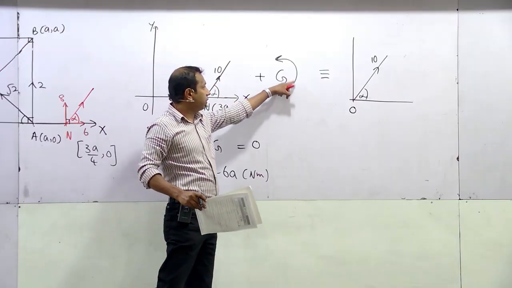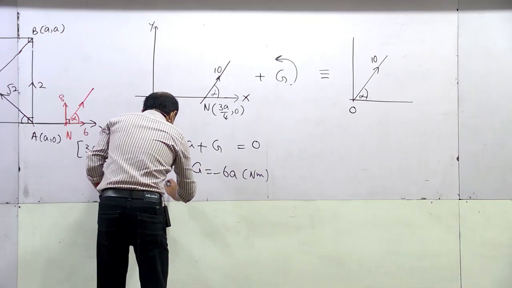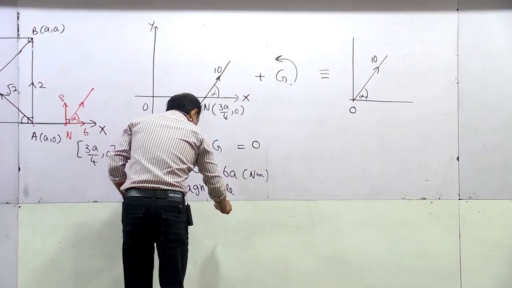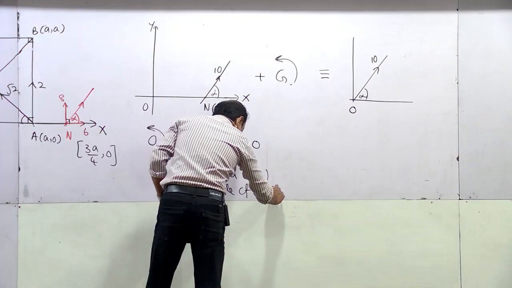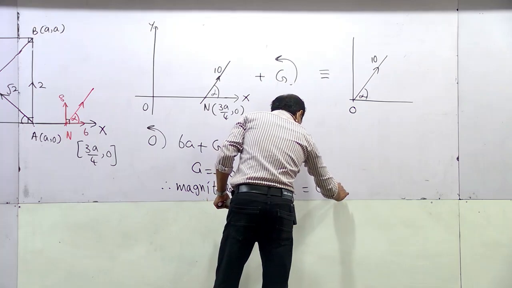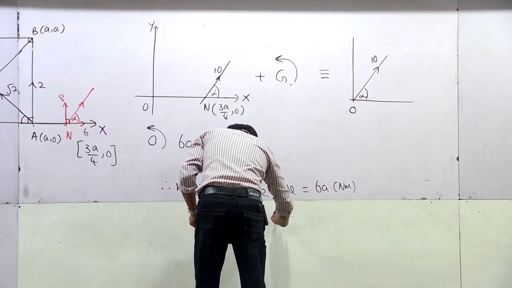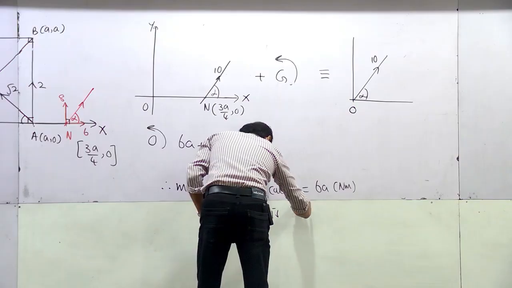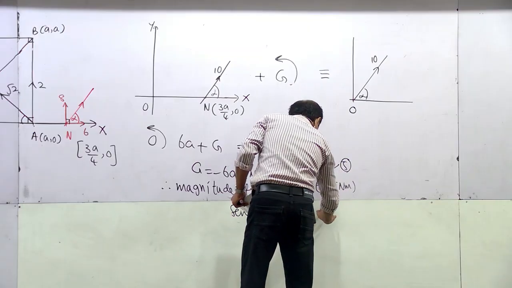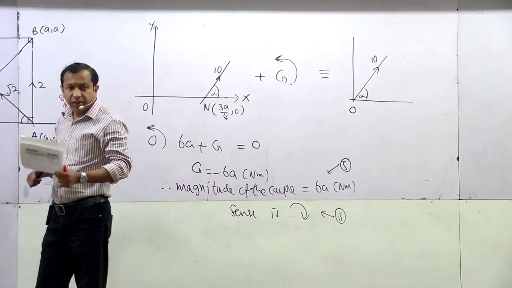We mark this G anticlockwise, but that is negative. That means clockwise. Then you can write the magnitude of the couple is 6A Newton meters, clockwise. Clockwise this way. For this you get 5 marks, for this we get 5 marks. Right. That's the end of the discussion.